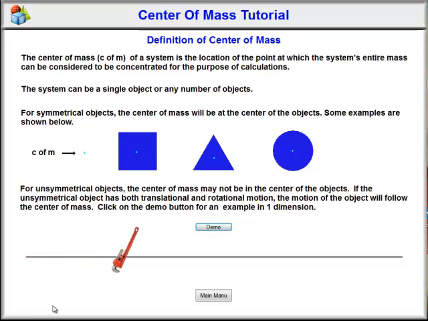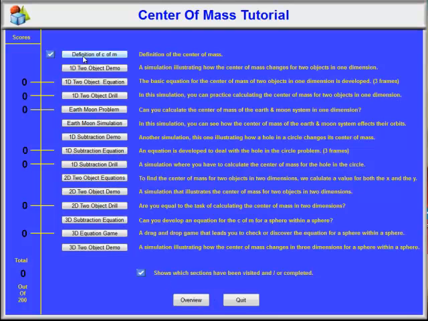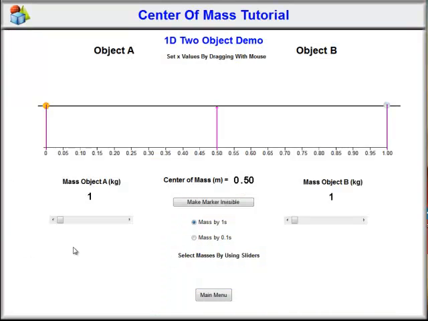Pretty simple concept. Brief little simulation just to make sure that students understand the idea. Here we have a demonstration of a one-dimensional situation where you can change the mass of the two balls that are involved, and you can see exactly how that affects the center of mass, which is the purple line in the middle.